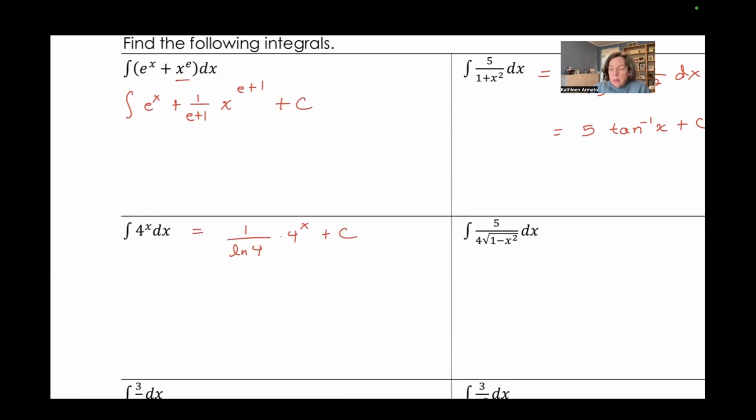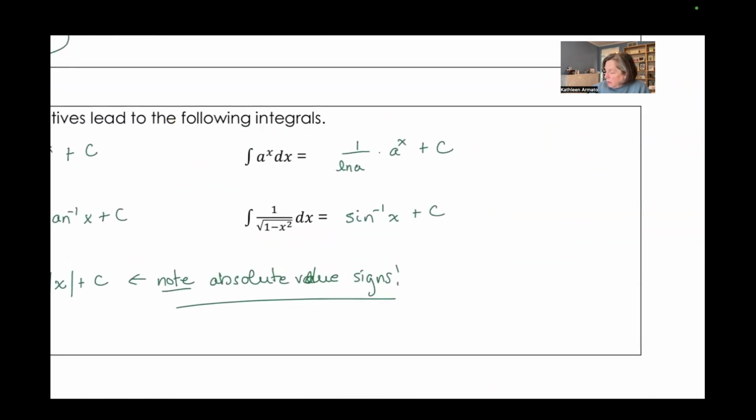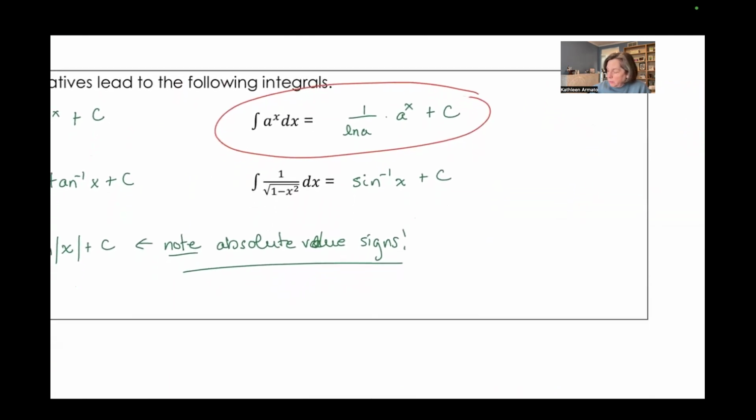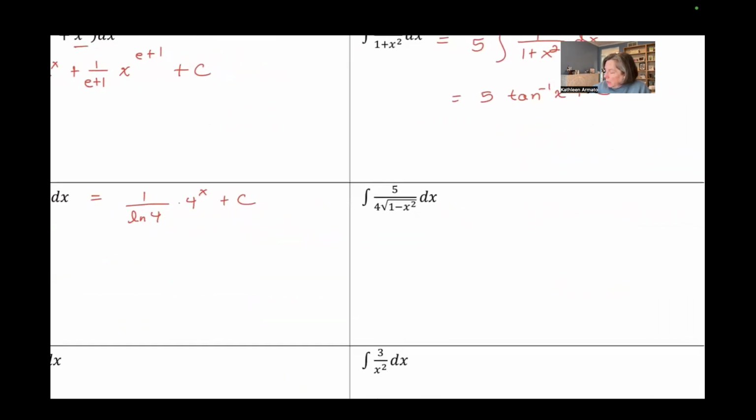Okay, so that's just a direct application of this rule up here. Okay, 5 over 4 square root 1 minus x squared. Okay, so I can bring that 5/4 out in front.